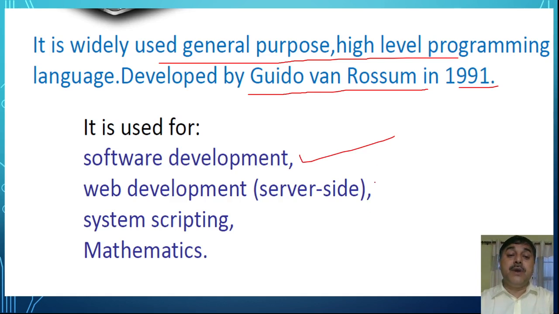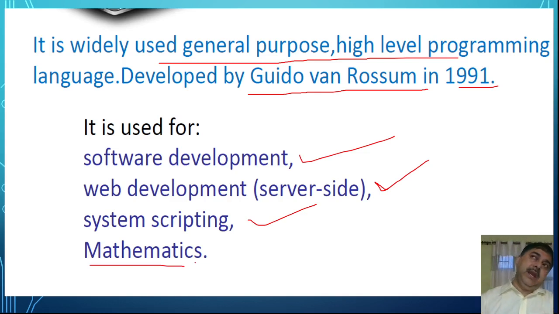Then next we can find web development, that means server sites, for server site web developments. Next we can find system scripting and mathematical operations. That is very true, that we cannot avoid any program whatever we have.